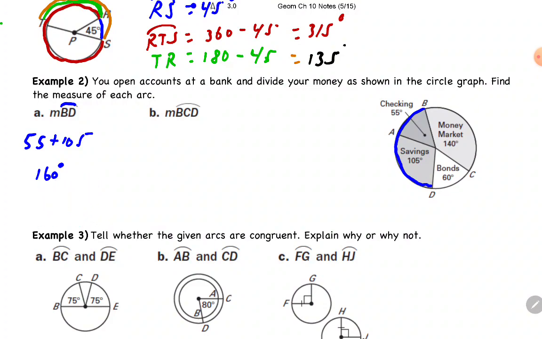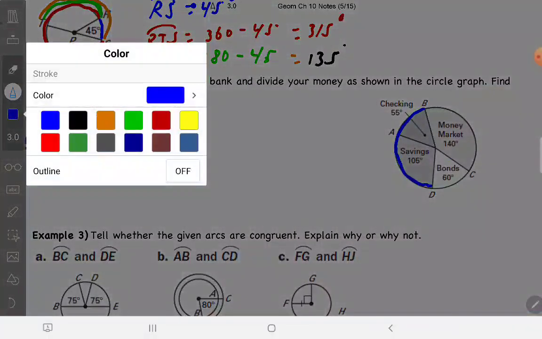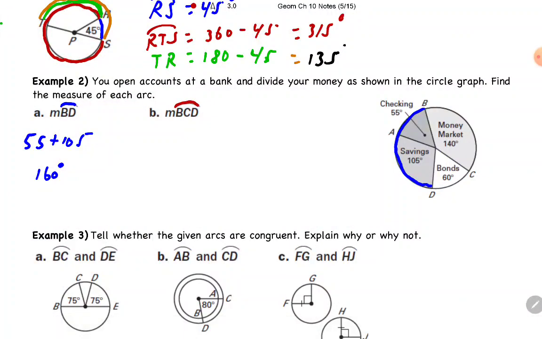But they just wanted us to find the measure of each arc. So BCD, B to C to D, that would be 140 plus 60, which is 200.